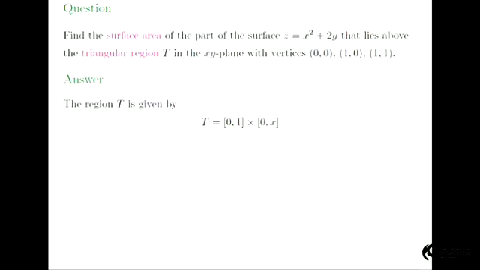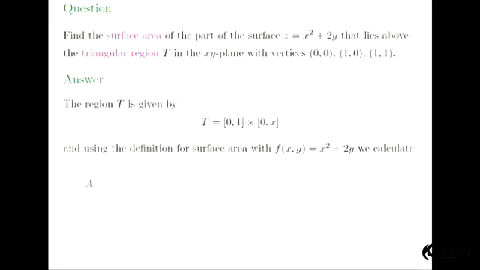Well, first realize that the region T is easily given by 0, 1. We could draw this, but just use your imaginations. We need to go from 0 to 1 in x, and we go from 0 to x in y, right? If we were to draw this, you'd have the y equals x line moving out like this.